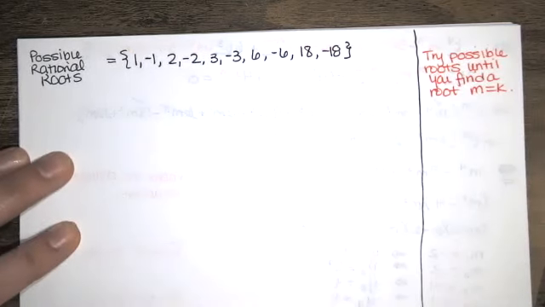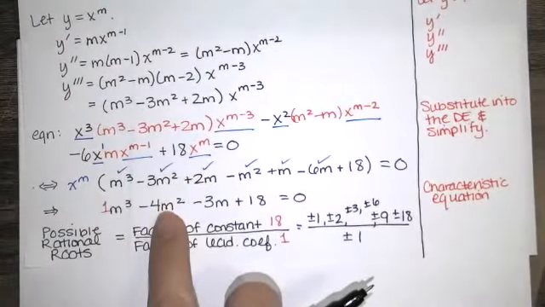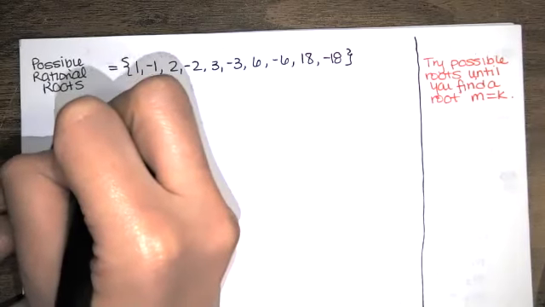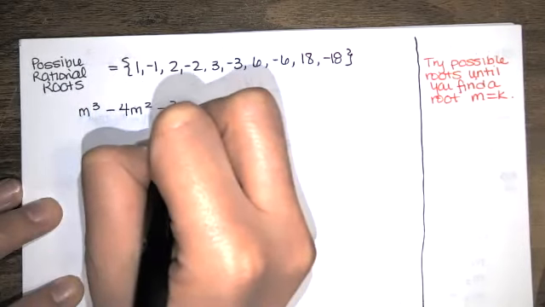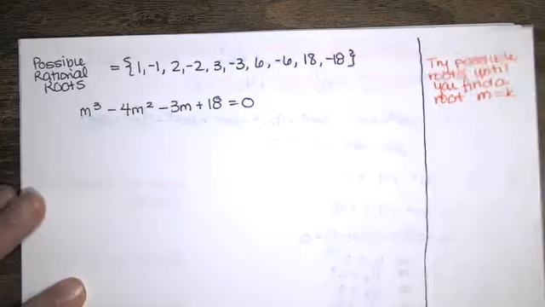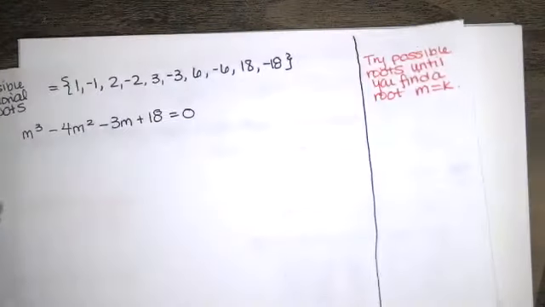And our equation was, let's see, m cubed minus 4m squared minus 3m plus 18. I want to make sure those signs are correct. Yes, the signs are correct.